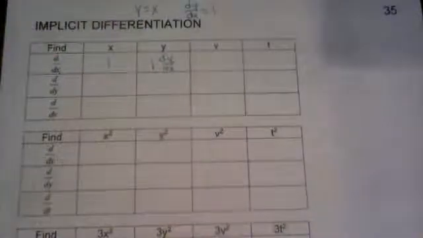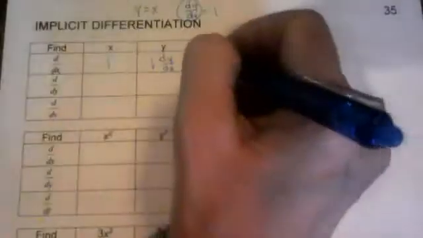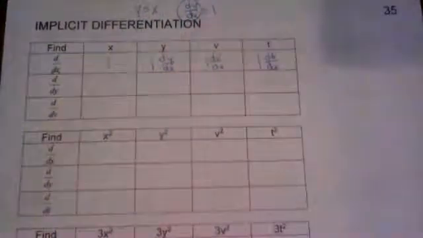So every time we've done that, we only had to deal with y, and so we called it y prime or f prime or dy dx. But if I have a lot of different variables, then I need to designate each of them with a tag. And so the same is going to be true for all of these. The derivative of v would be 1, but if I'm taking it with respect to x, it's a dv dx, or 1 dt dx. And so that's the way this is going to work.